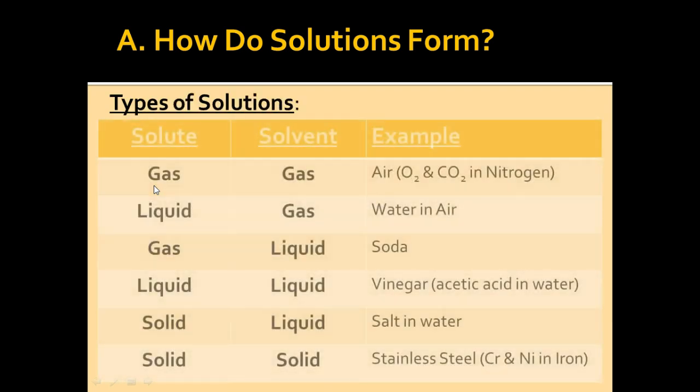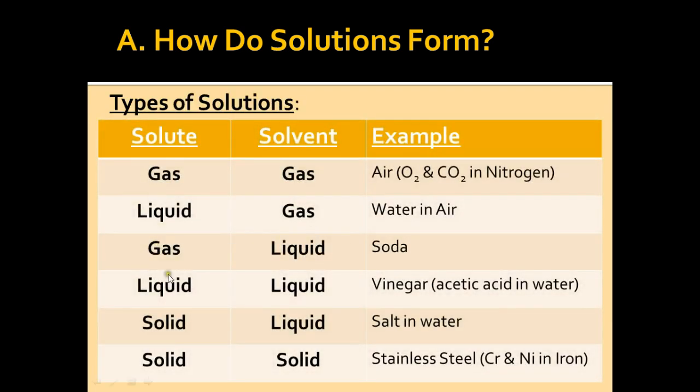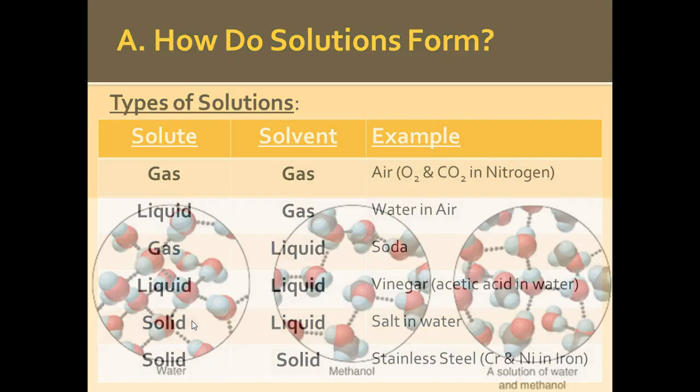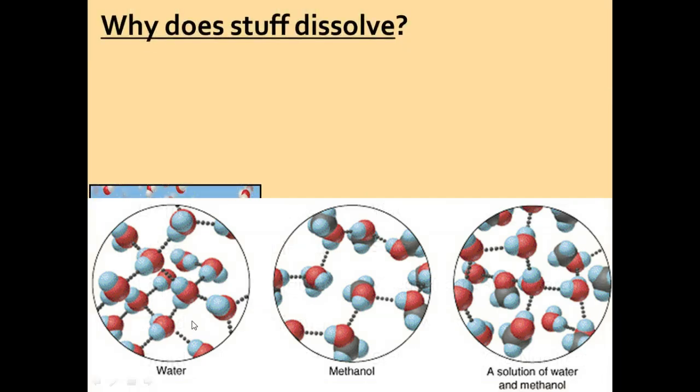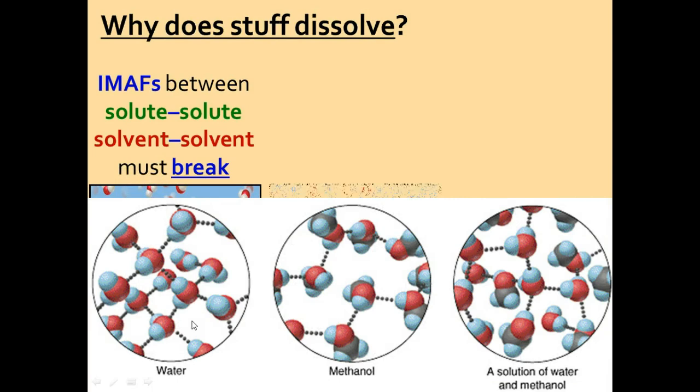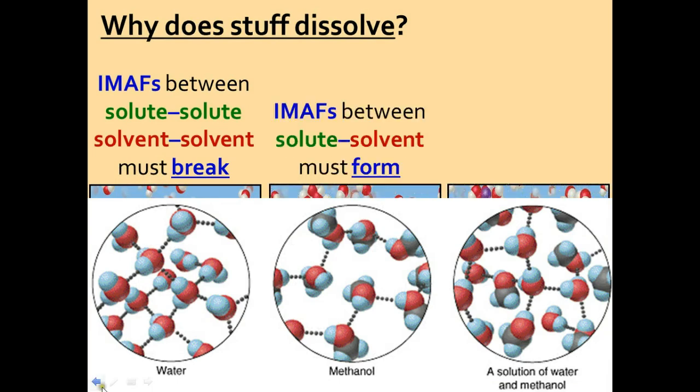Then we have types of solutions. Just know that there's all sorts of solutions: solids and solids, liquids and liquids, gases and gases. And the reason why stuff dissolves is because we have IMFs between solute and solvent by themselves. And so these break, and so they pretty much form friends. So the solute and solvent have to like each other and form these little connections.